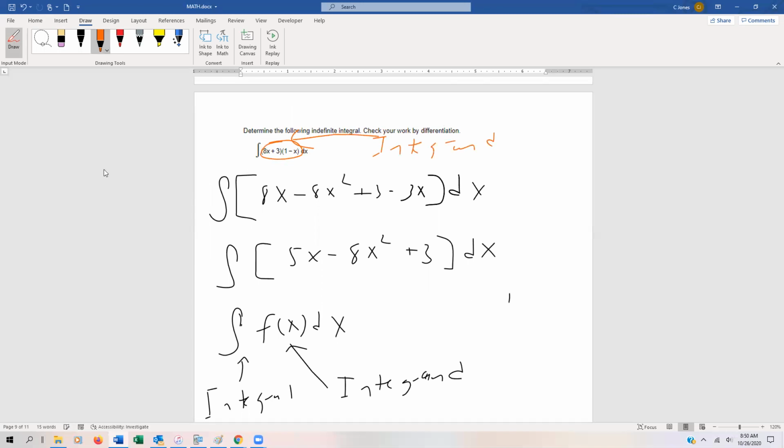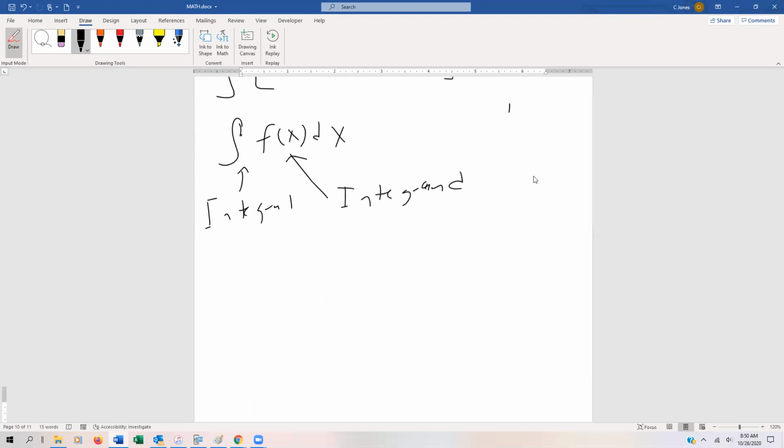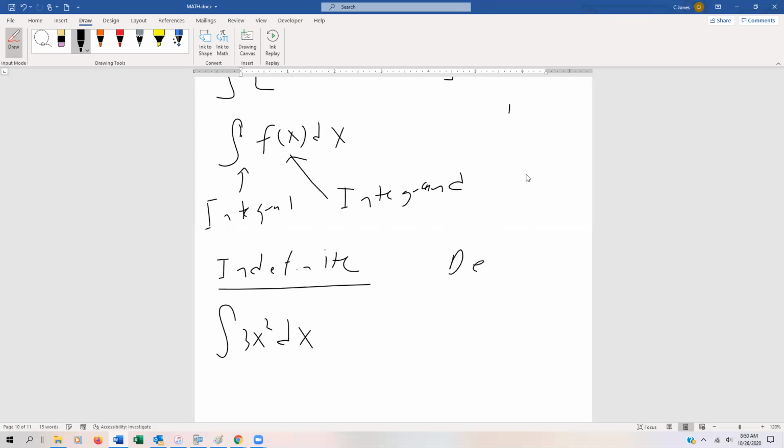A couple other things to keep in mind: in the next series of videos, we're going to start seeing the difference between a definite and an indefinite integral. An indefinite integral looks something like this, the integral of 3x squared dx. A definite integral looks something like this, the integral with a lower bound of 0 and an upper bound of 1 of 3x squared dx.